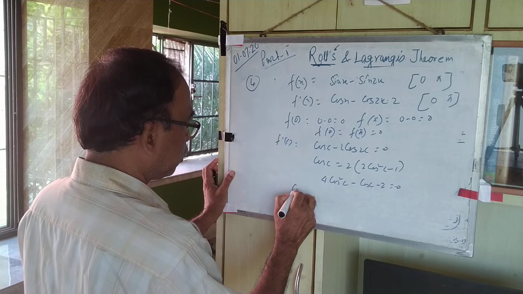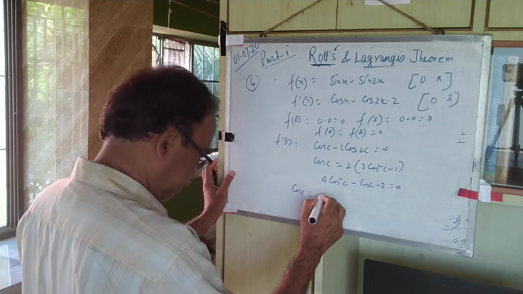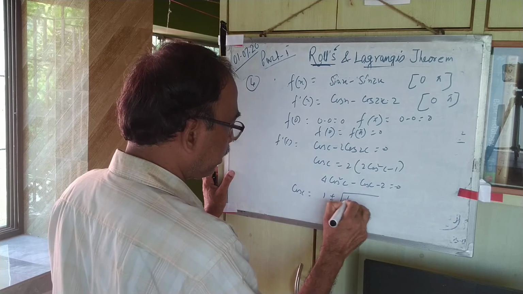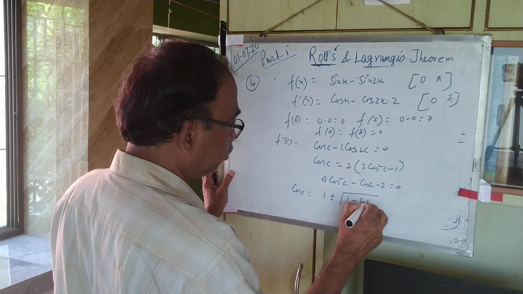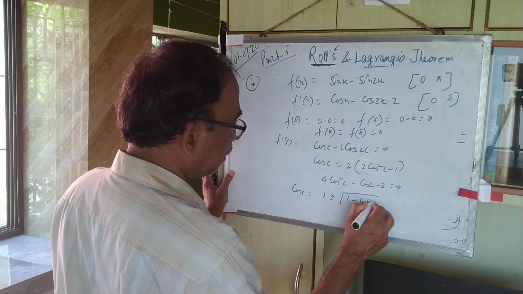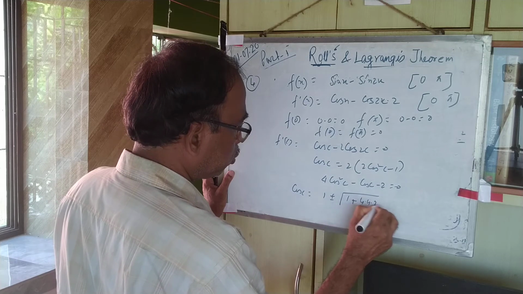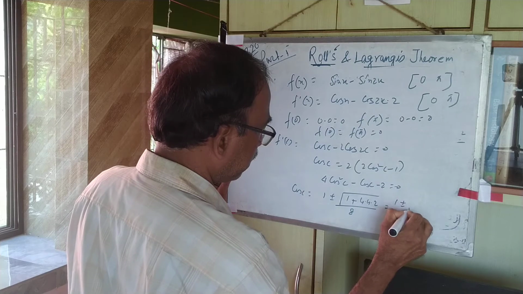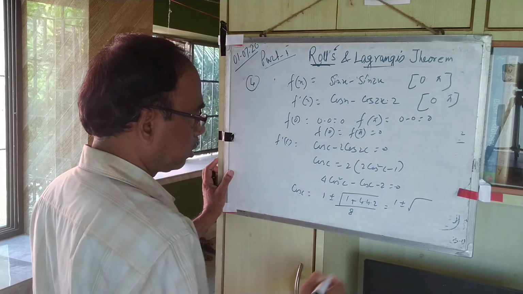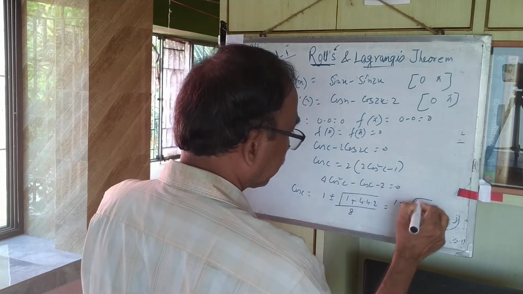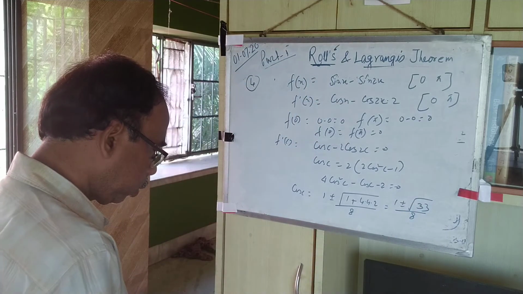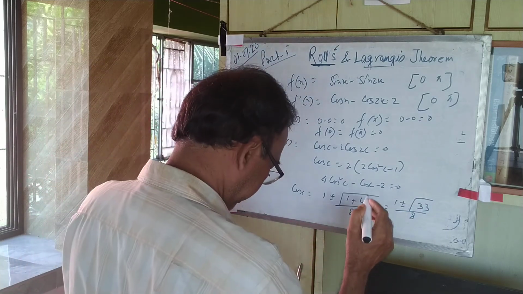Then cos c equals minus b plus or minus root over b square minus 4ac, that is 1 plus or minus root over 1 plus 32, over 8. That is 1 plus or minus root over 33 by 8.